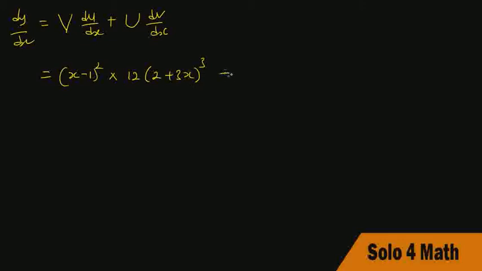Then plus u. What is our u? Our u was (2 plus 3x) to power 4, times dv/dx. What is our dv/dx? Our dv/dx is 2 into (x minus 1).